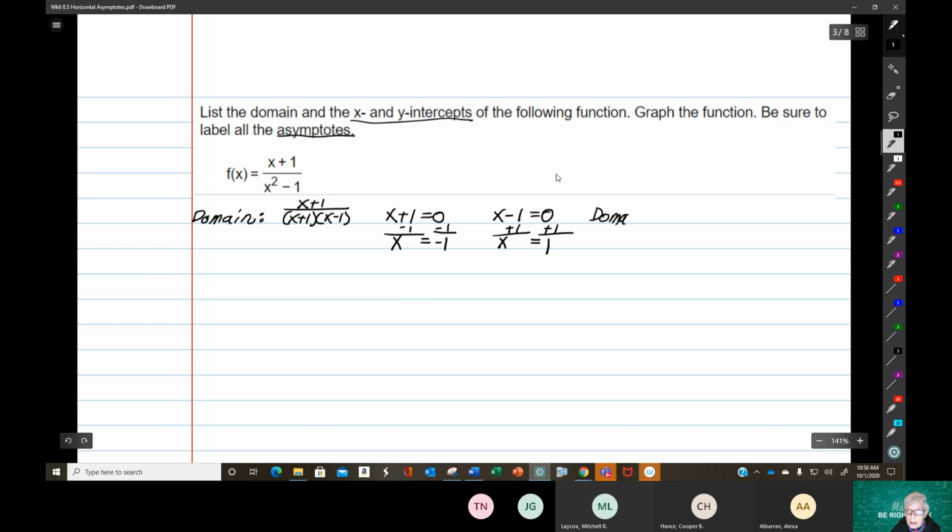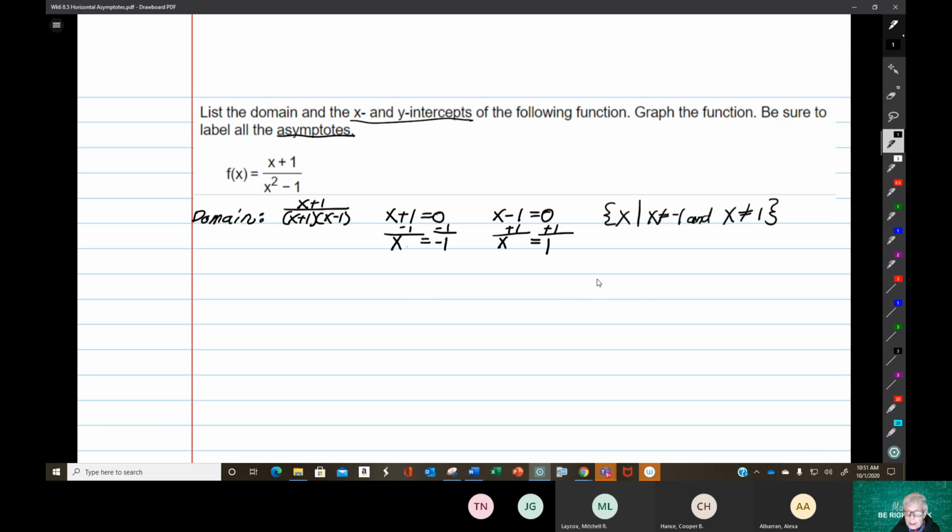I already wrote it over there. Don't need to write it again. The domain is going to be, if you write it in set builder notation, all x such that x does not equal negative 1 and x does not equal 1.